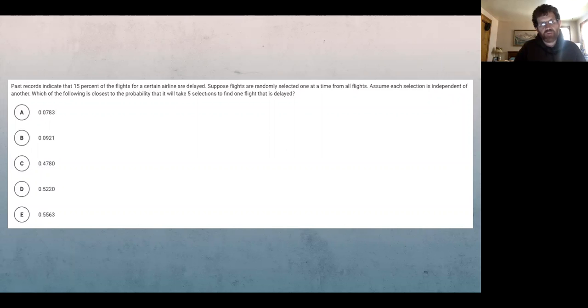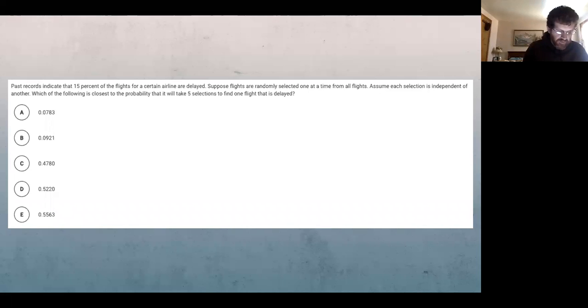So what is closest to the probability that it will take 5 selections to find one that is delayed? Well, we can approach this in a few different ways. I think we can think of this as binomial or geometric. We're seeing that it's going to take 5 selections to find one that is delayed. So the way I'm reading this is that it's going to be the 5th.